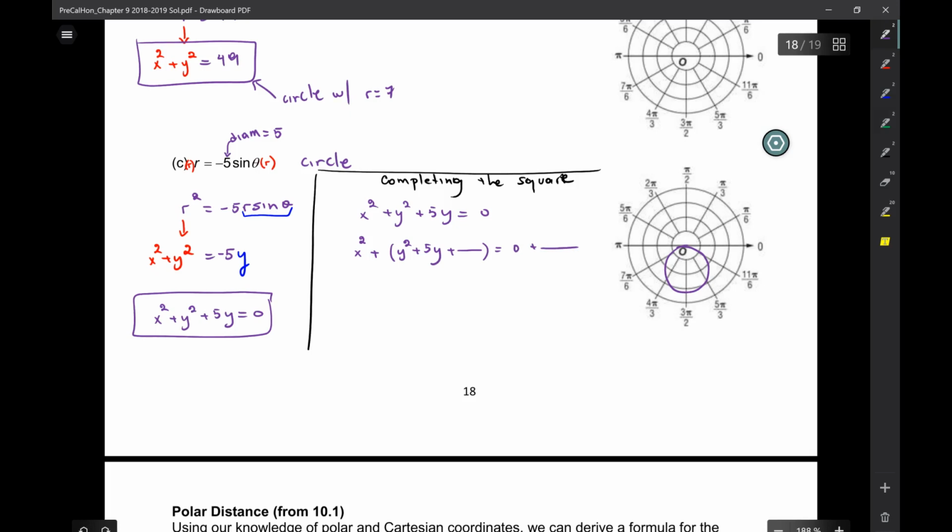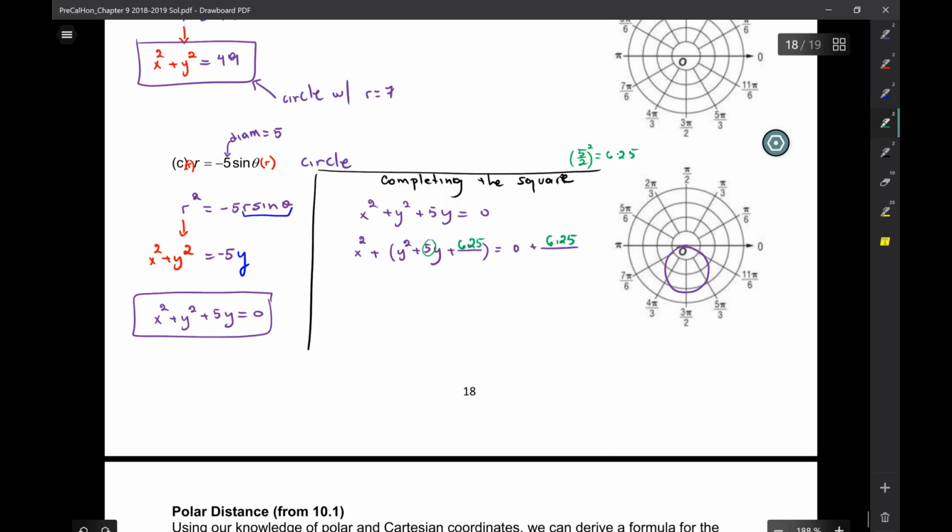Who remembers how we got the number that went in that blank? Well, you had to know. Elliot. It's half of b squared. It's half of this number squared. So half of that number is 5 over 2, which is 2.5, squared, 6.25.